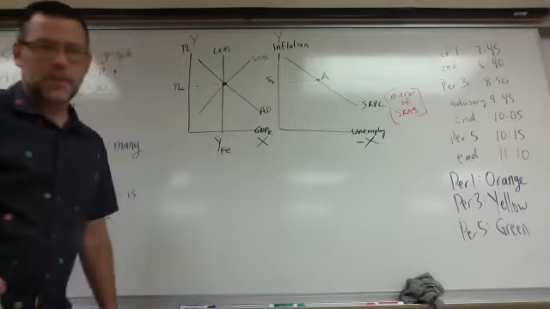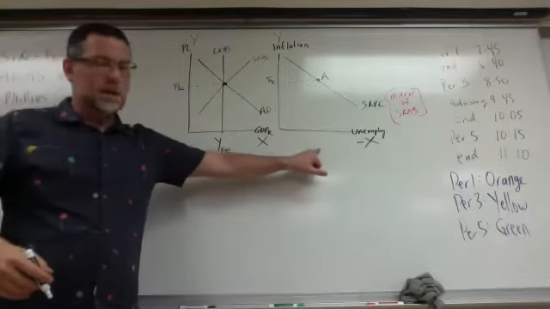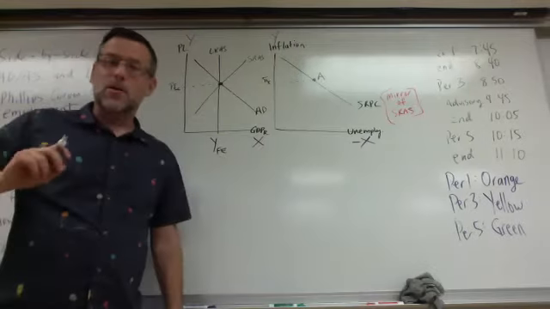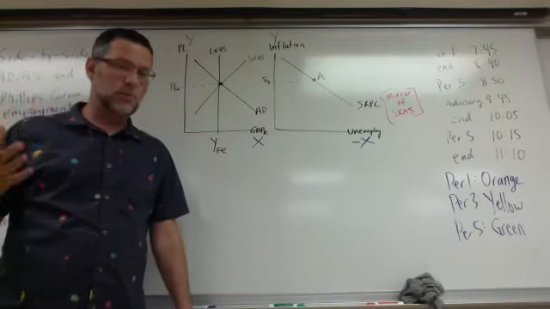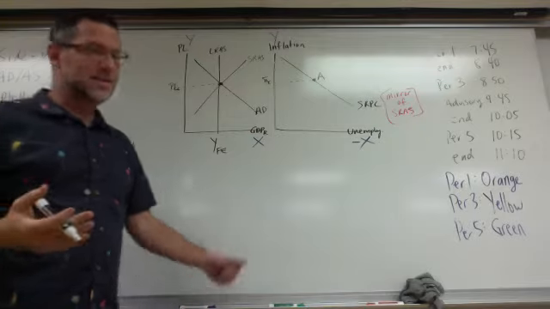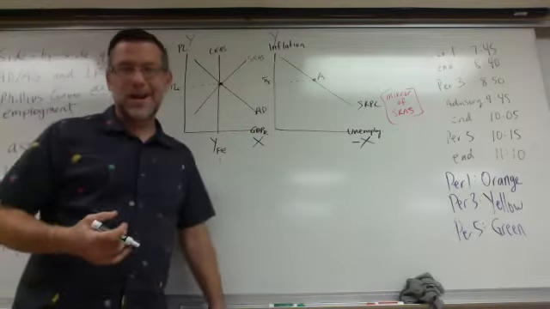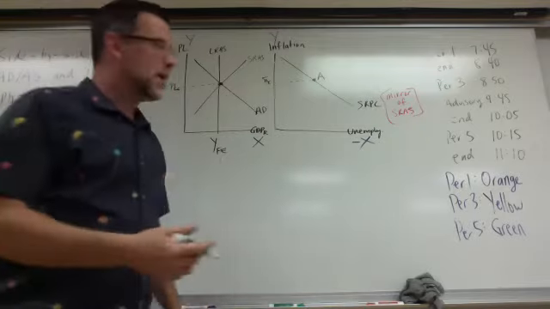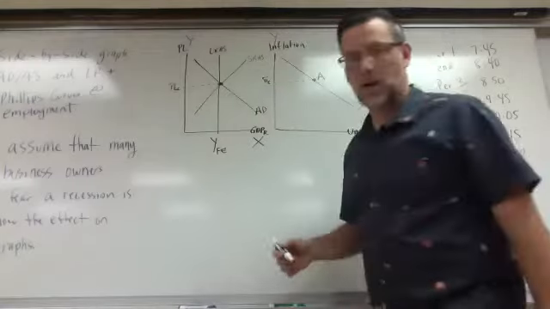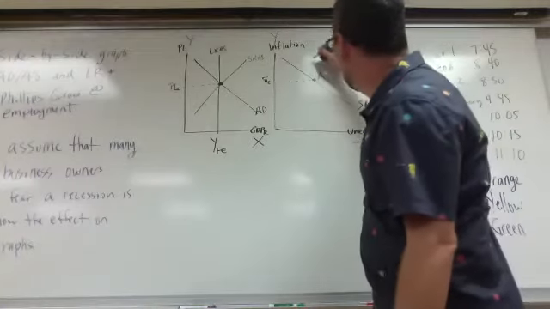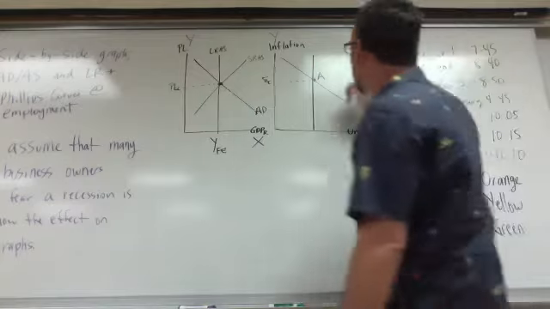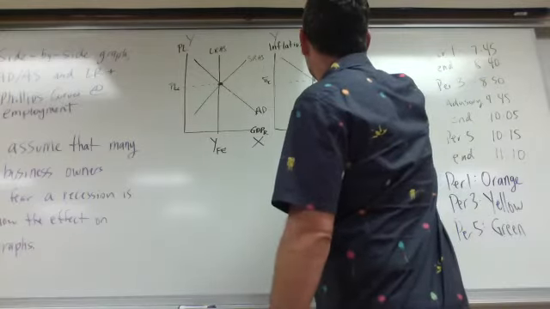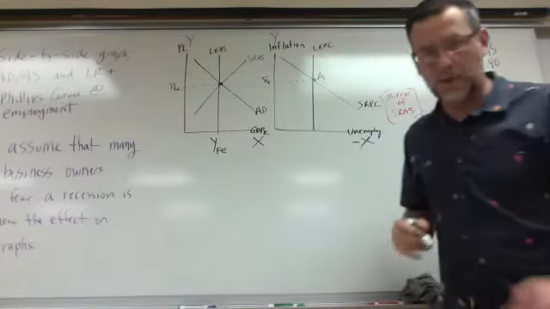All right, so what are we going to do over here? Well, we need to add our long run Phillips curve. All you need to know is that the long run Phillips curve is the mirror of long run aggregate supply. So we come over to here, right? We add our long run Phillips curve. Boom. Goes right there. That's my long run Phillips curve.